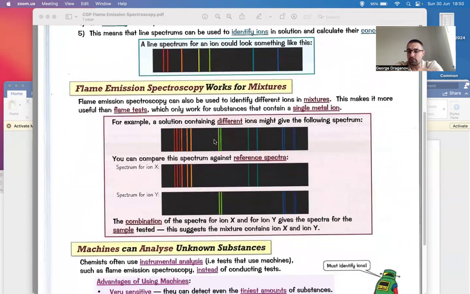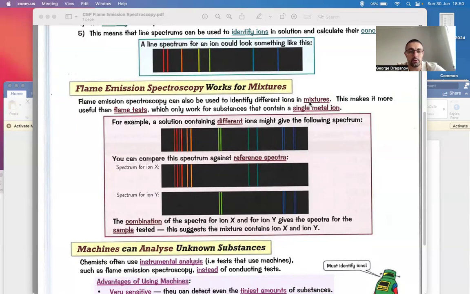Flame emission spectroscopy is essentially a flame test carried out by a machine instead of a person. So this is very useful for identifying ions in mixtures, because obviously I told you when you do a flame test, you don't want anything to be contaminated because one color will mask the other color and your naked eye cannot see it.